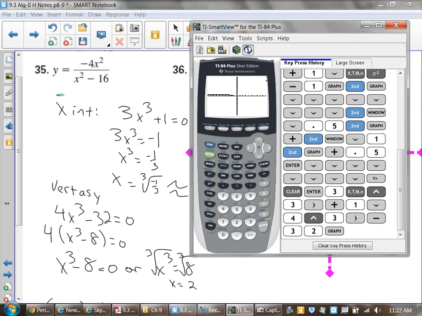So when you look at the graph, that horizontal asymptote will be there.